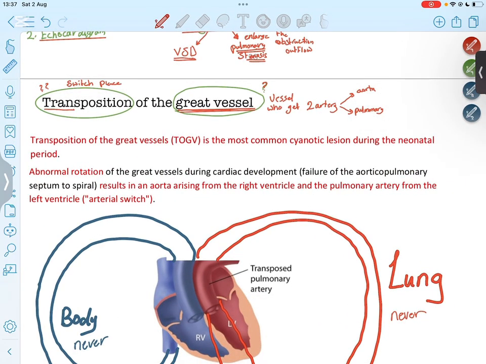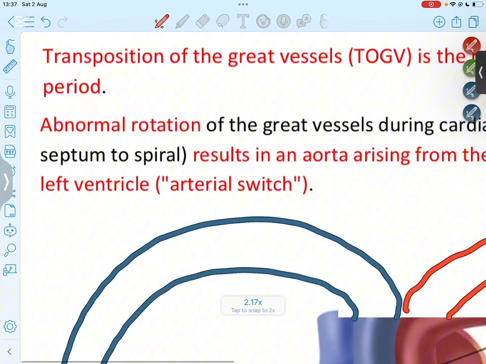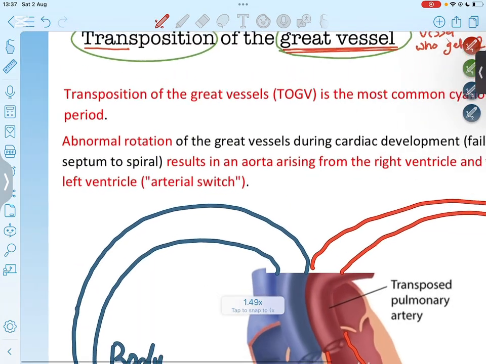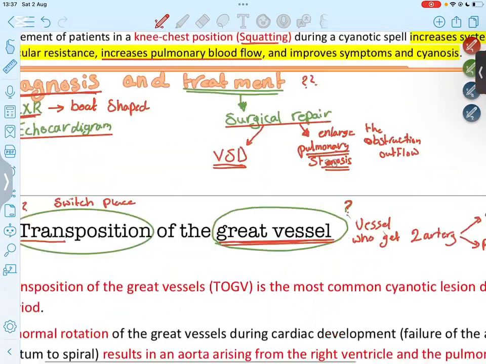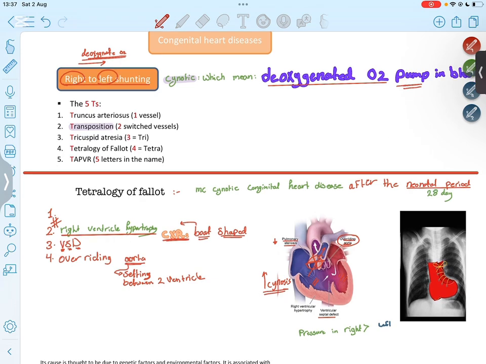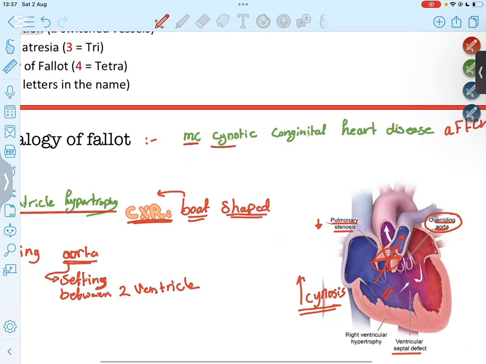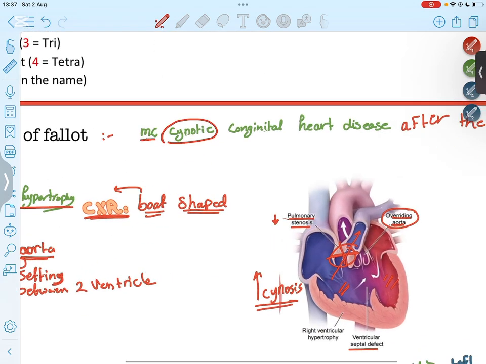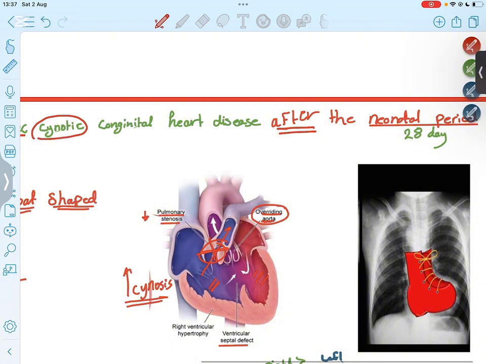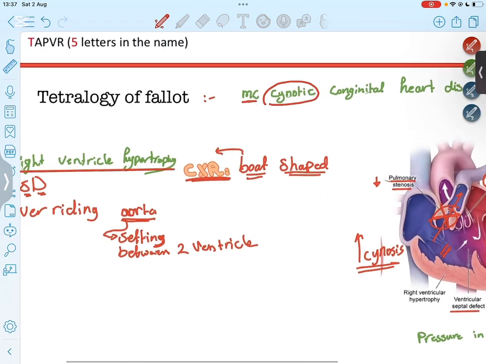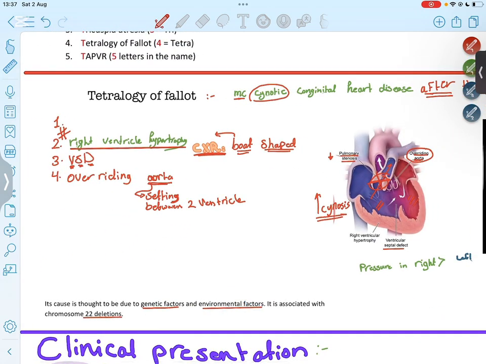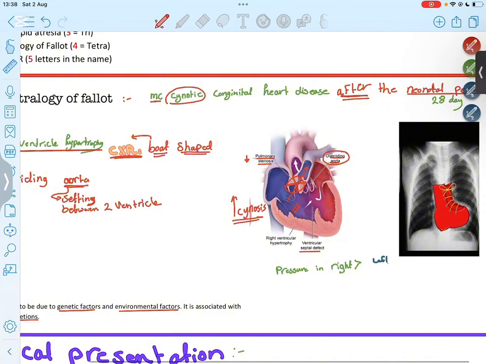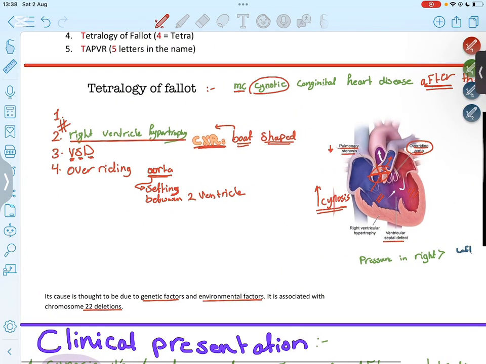There is something I forgot to say in the previous video. The tetralogy of Fallot is the most common cyanotic congenital heart disease after the neonatal period. It means after the first 28 days of birth. So if someone asks you what is the most common cyanotic congenital heart disease after the neonatal period, it's the tetralogy of Fallot.